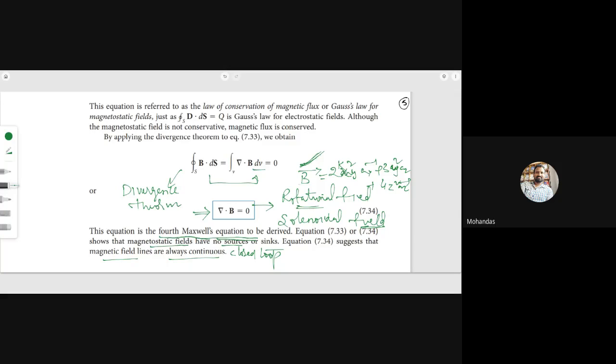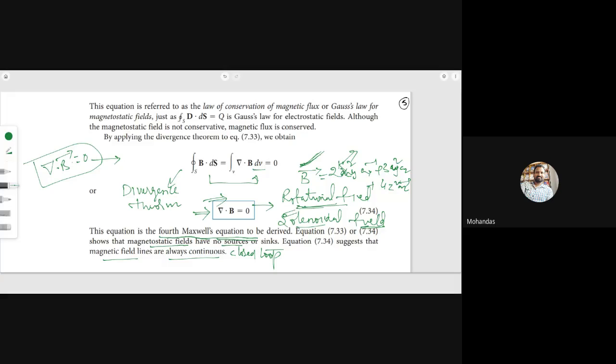If B is a solenoidal field, calculate the value of k. Then you have to use this condition: divergence of the magnetic field becomes 0. And this is the fourth Maxwell equation.